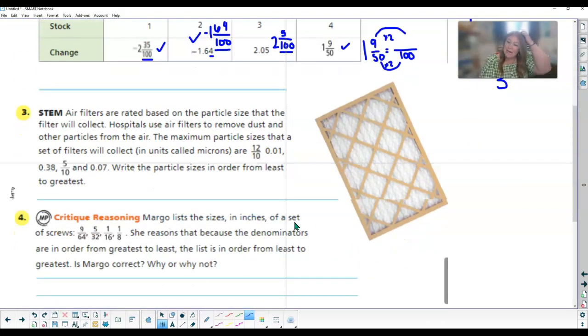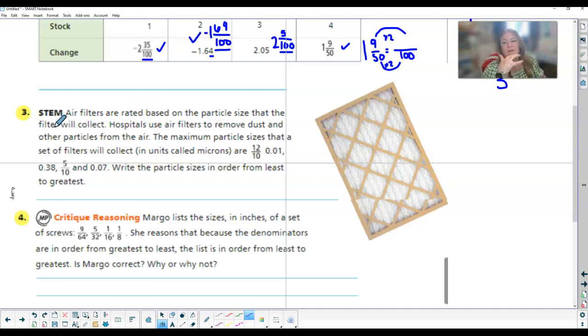Okay, number 3, air filters are rated based on the particle size that the filter will collect. Hospitals use air filters to remove dust and other particles from the air. The maximum particle sizes that a set of filters will collect in units called microns are 12 tenths, 1/100th, 38 hundredths, 5 tenths, and 7 hundredths.